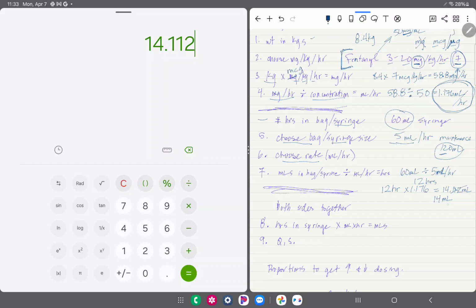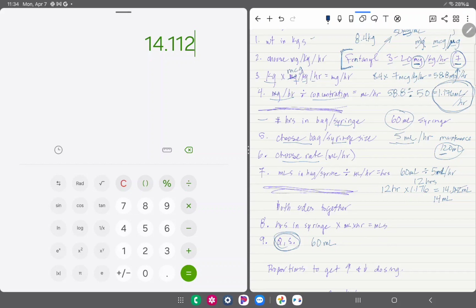If we are doing that, as you know, the QS is pretty important. I get excited about that. If I start off with 60 mils total, but the syringe this time is empty, right? It's not a 250 bag where I have to remove something and then add something.